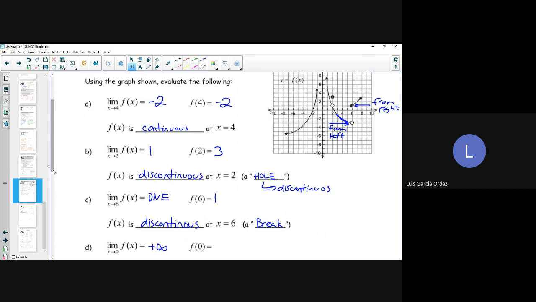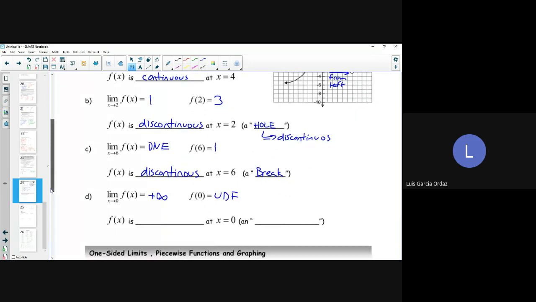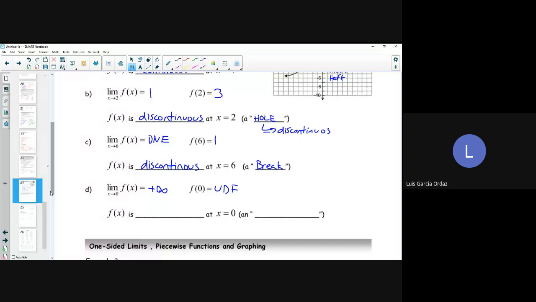It would be undefined, okay? The reason why it's undefined is because there is what at x is equal to 0. There is an asymptote, okay?